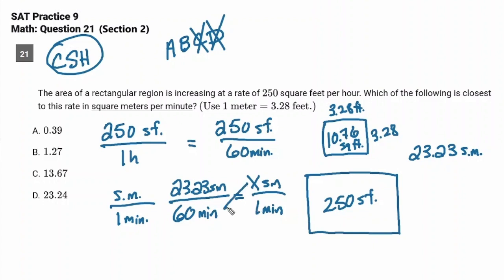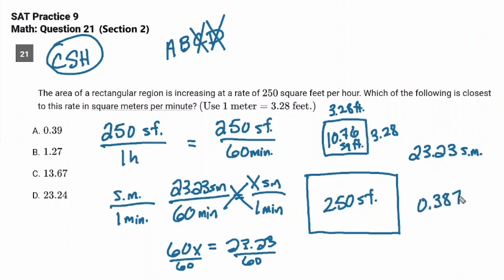You're just going to cross multiply. 60x equals 23.23. How do you do that? You divide both sides by 60. And when you do that, I'm going to write it down over here, you're going to get some nasty go on forever decimal. What's that closest to in these answer choices? It's obviously A. That's the right answer. Get it right and move on.